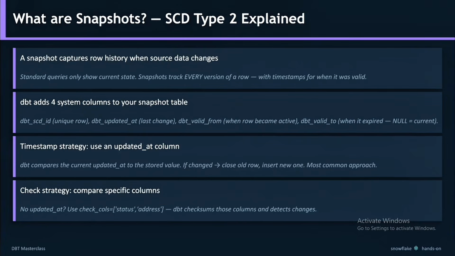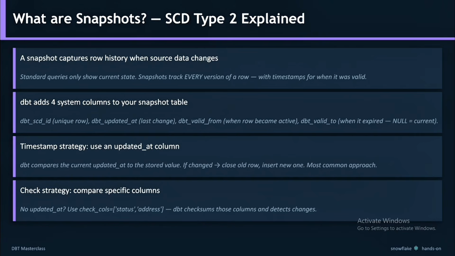So our question is, what are snapshots in dbt? Snapshots are a way to track and store changes to your data over time. It allows you to maintain a historical record of your tables, capturing how specific rows evolve with each update.